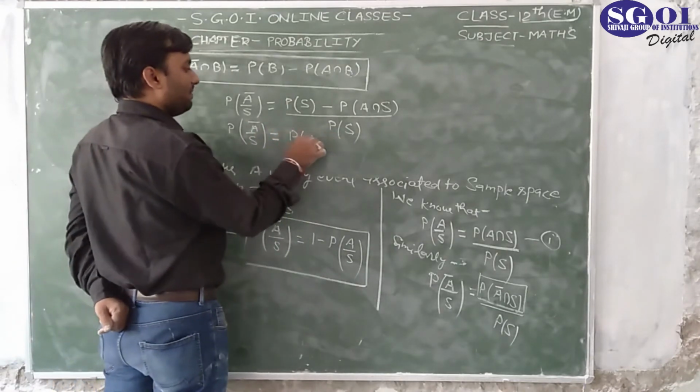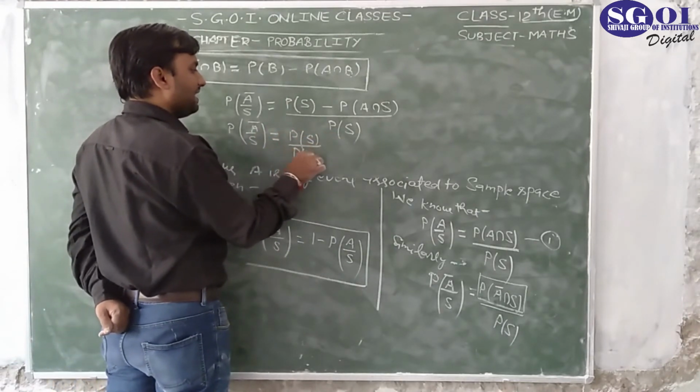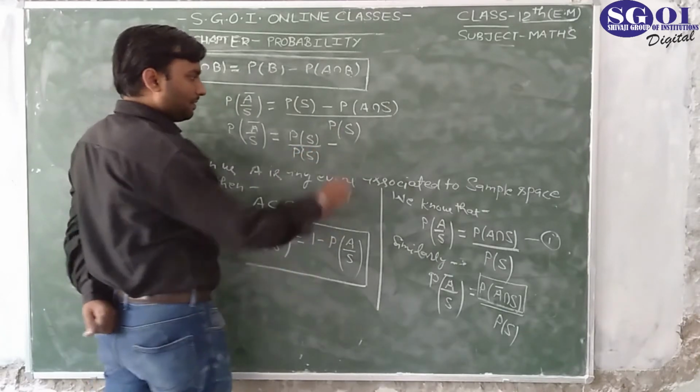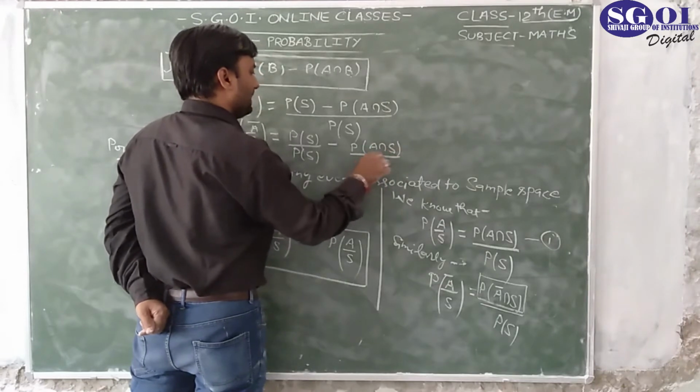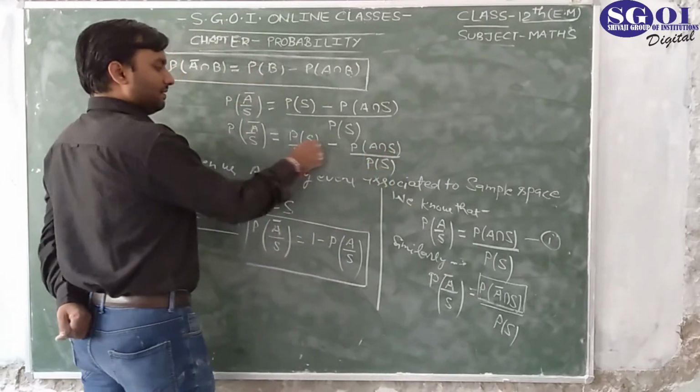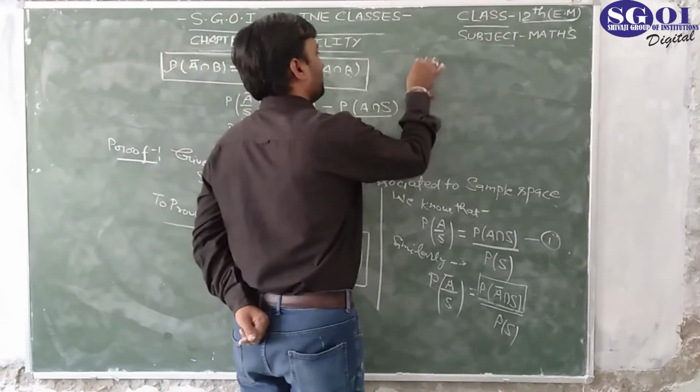This gives us probability of S upon probability of S minus probability of A intersection S upon probability of S. This cancels out and gives us 1.